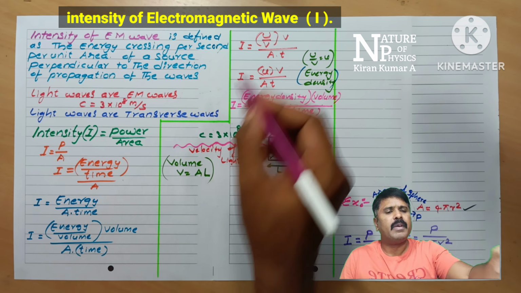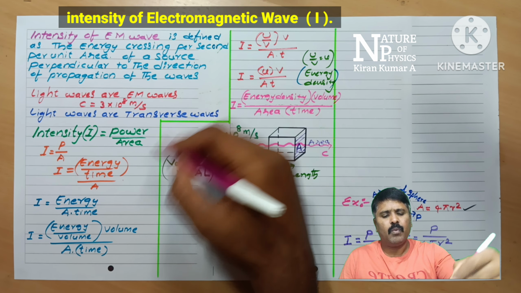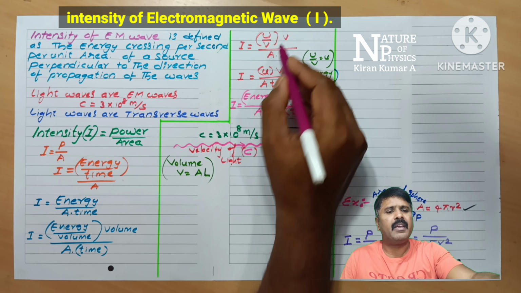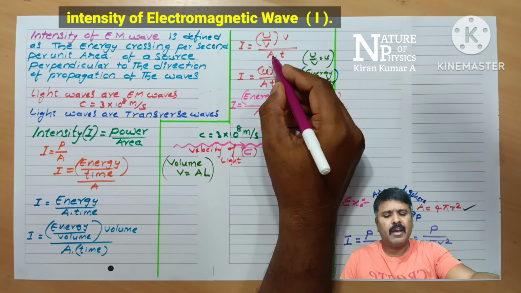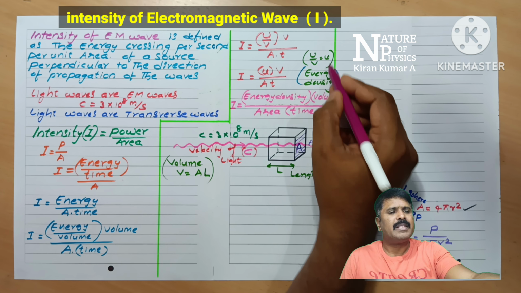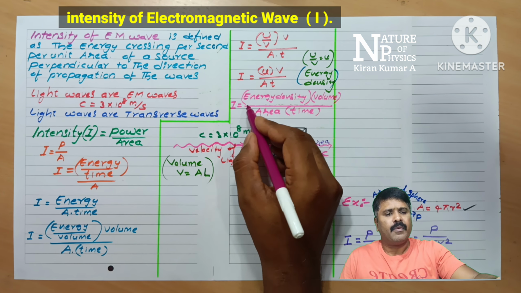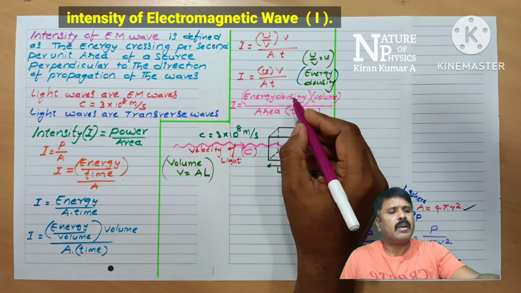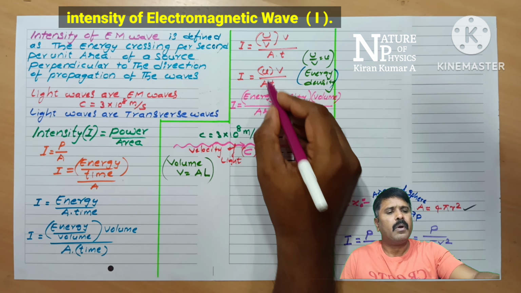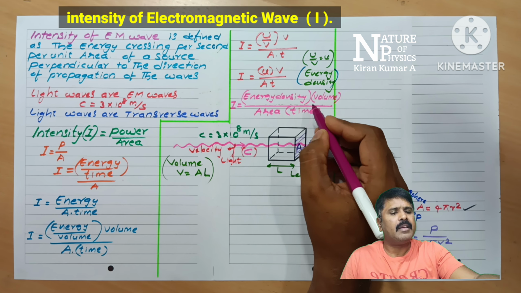Energy per unit volume is energy density, that is U by V, where volume is represented by letter V, and the denominator is area A and time T. So energy per unit volume is energy density, written as small u. Replacing the values, I is equal to energy density u times V, where V is the volume, A is the area and T is the time.